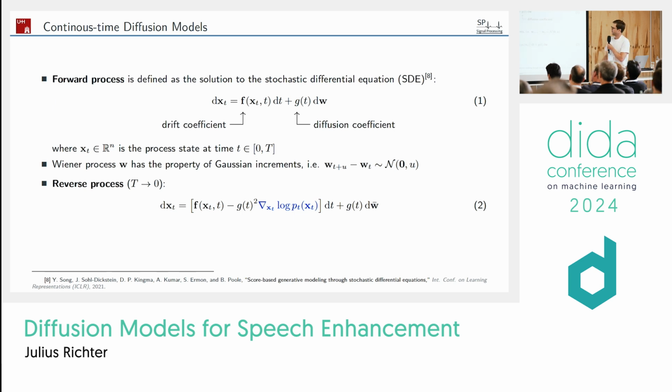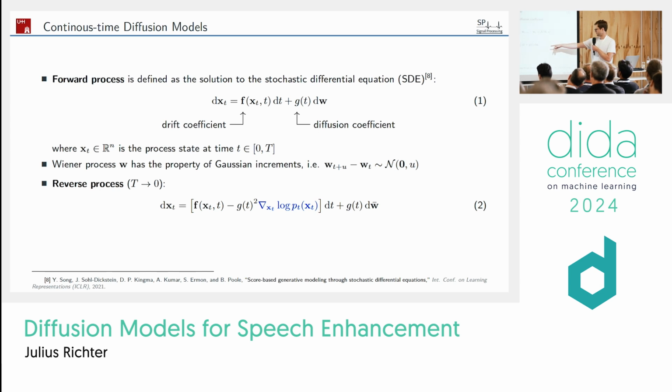Then you can show that you can also time invert this SDE, which results in a new SDE. It's called the reverse SDE, and we have a new drift term, which is the term in the squared brackets. And you see that this new drift term contains the old drift term, the diffusion coefficient, and this so-called score function, which is the term in blue.